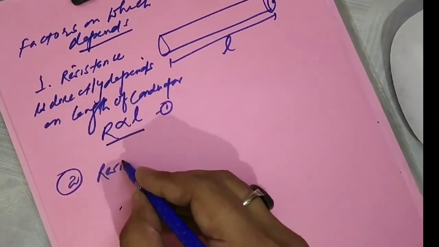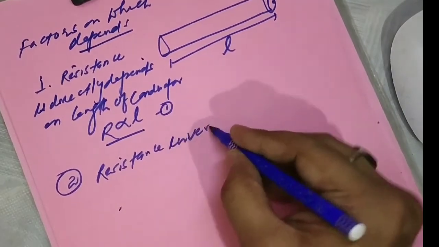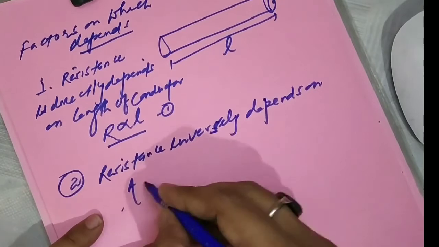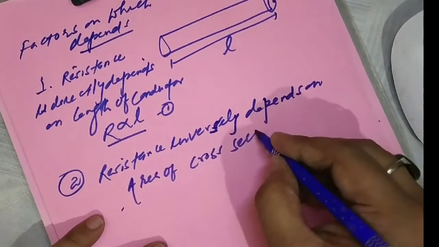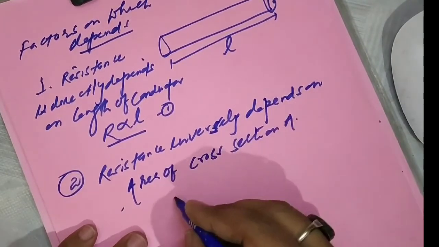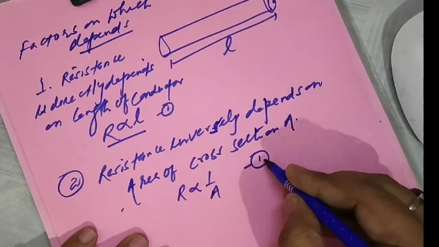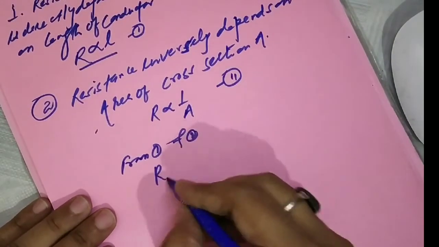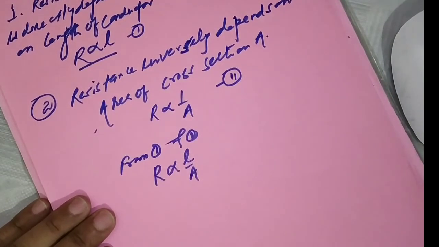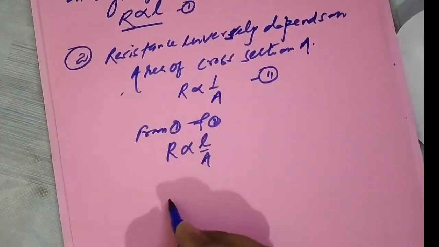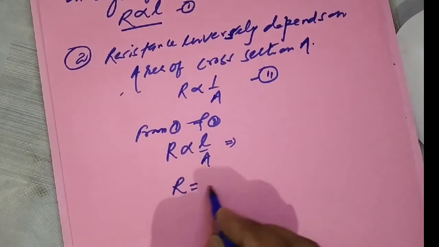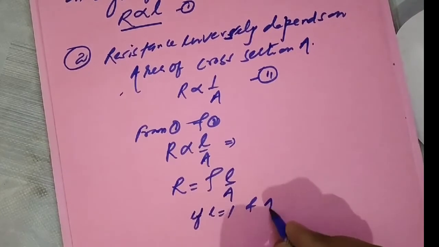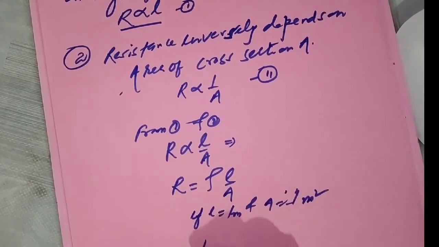Secondly, resistance inversely depends on the area of cross section A. So that means R is inversely proportional to A. Combining these two, from 1 and 2, R is proportional to L upon A. Removing this proportionality sign, R is equal to rho L by A. So if L is 1 meter and A is 1 meter square, then R is equal to rho.